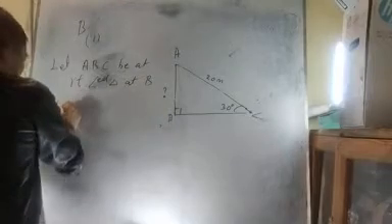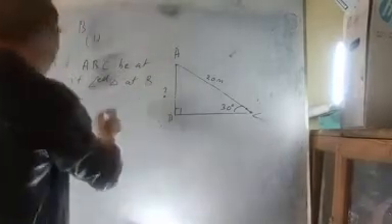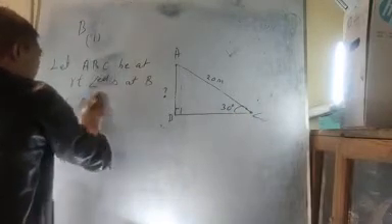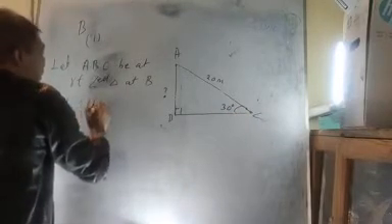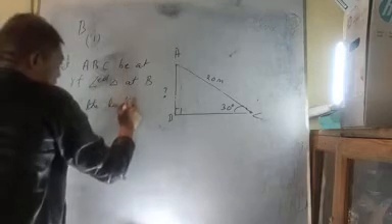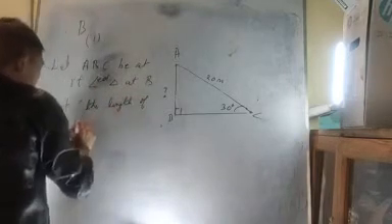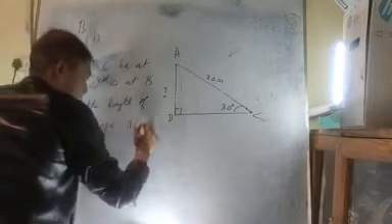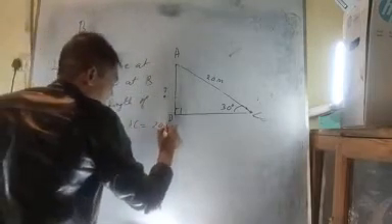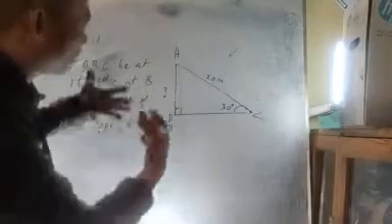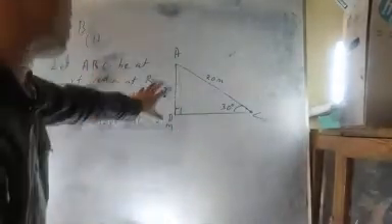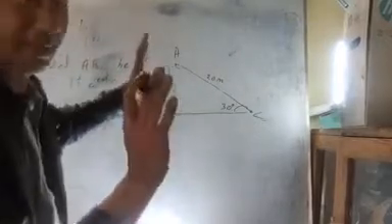And always write "let". Let AC, the length of the rope, equal 20 meters. Those who will be checking your answer script will be very happy looking at this.